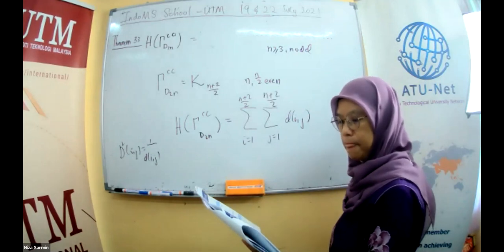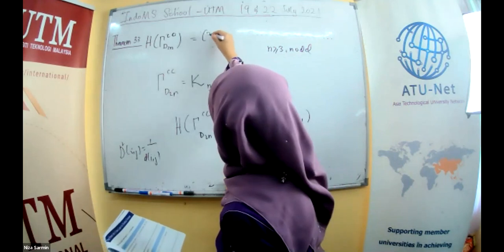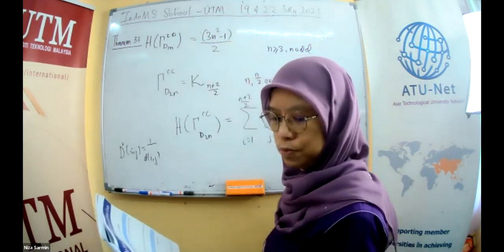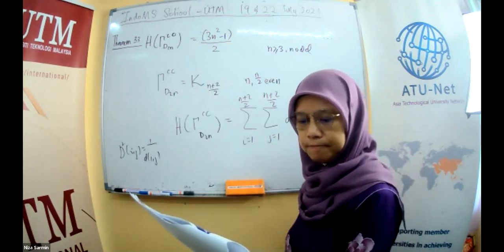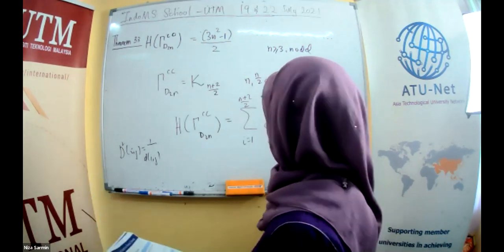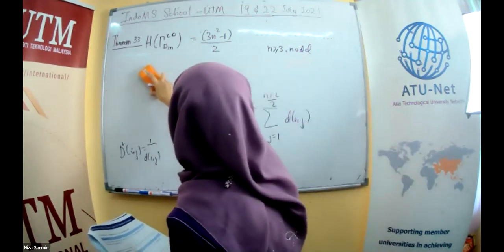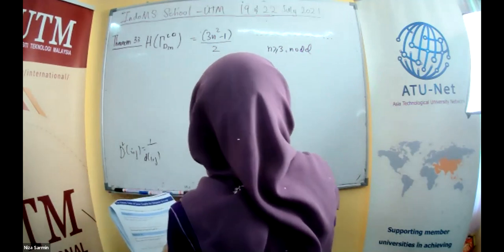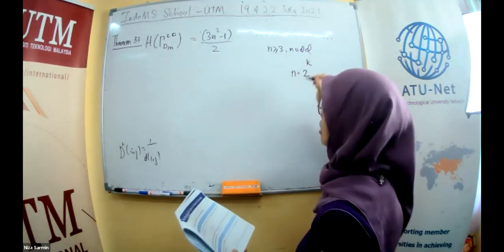Okay. Now this is equal to (3n squared minus 1) over 2. All right. The next one is when we have two cases, right? This next one is for the case n equals 2 to the k.